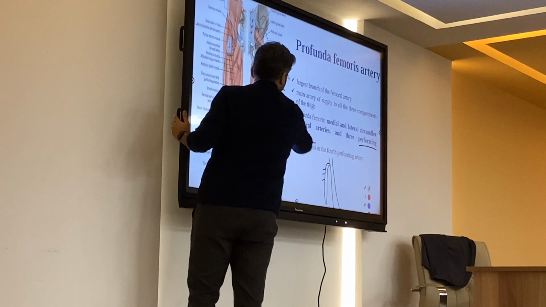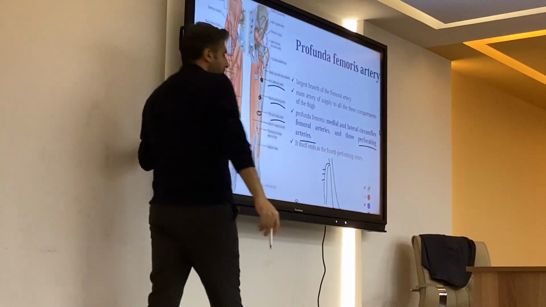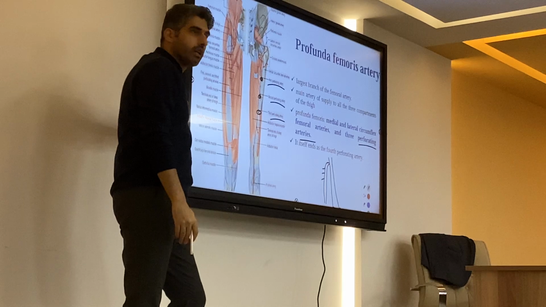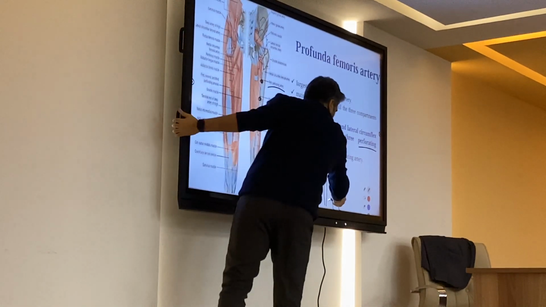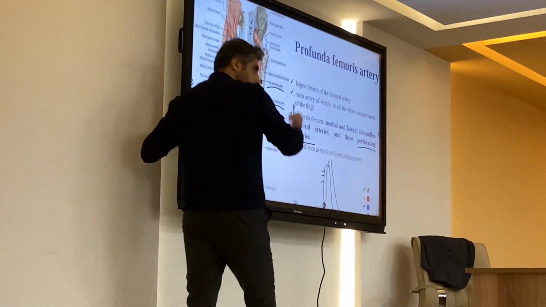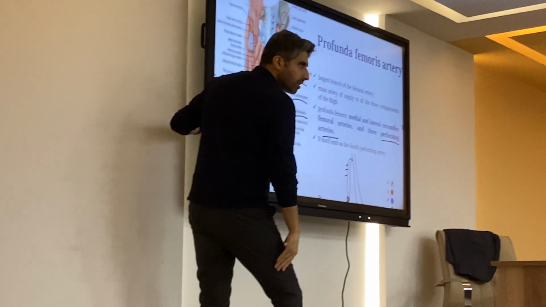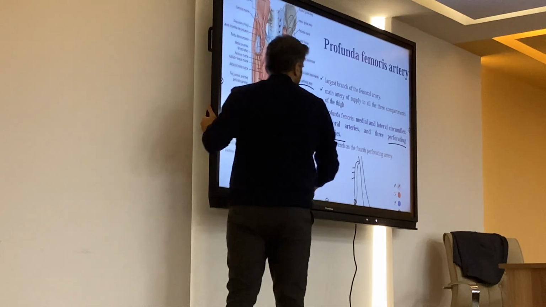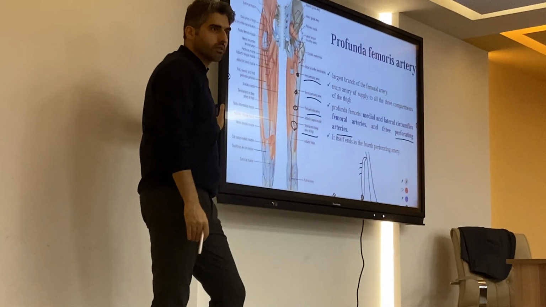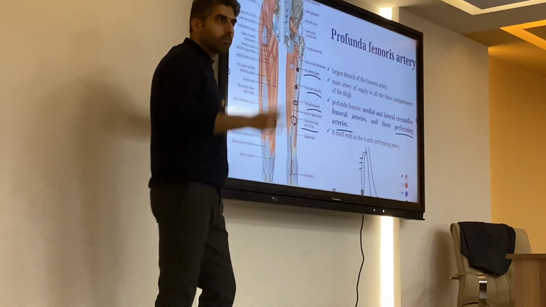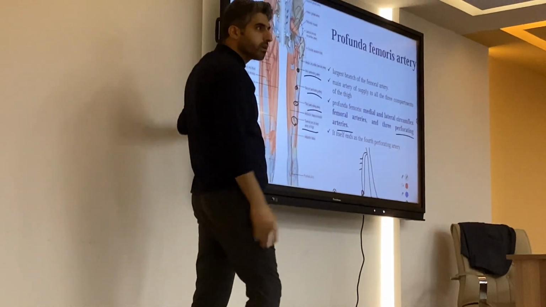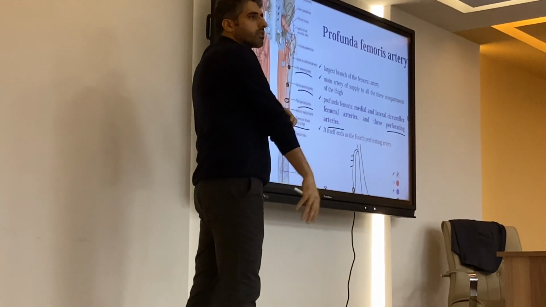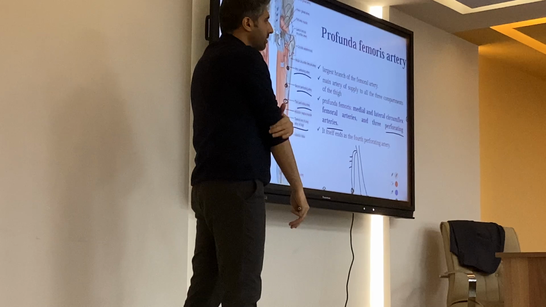First perforating, second perforating, third perforating. And finally, the artery goes to the posterior side, the terminal part of the profunda femoris. So the blood for the posterior compartment is perforating branches from profunda femoris.